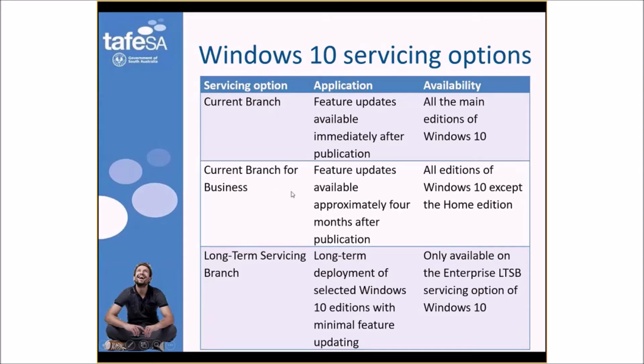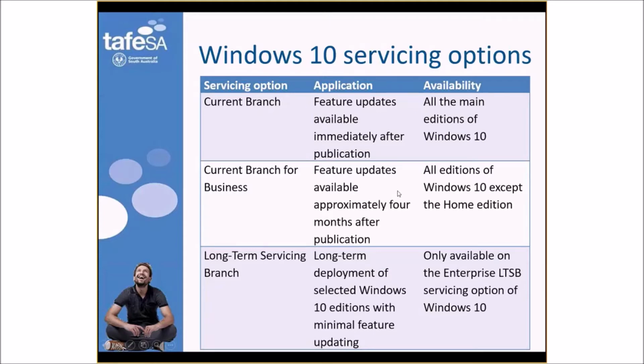There's also a current branch for business, where feature updates are available approximately 4 months after the publication. All editions of Windows 10 except for Home Edition apply. And there's a long-term servicing branch, which is a long-term deployment of selected Windows 10 editions with minimal feature updating and only available to Enterprise, the long-term servicing branch servicing options of Windows 10.